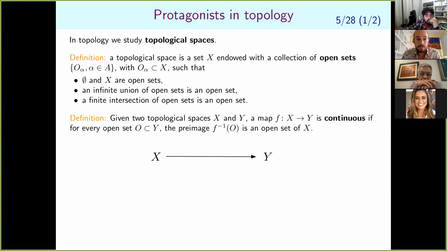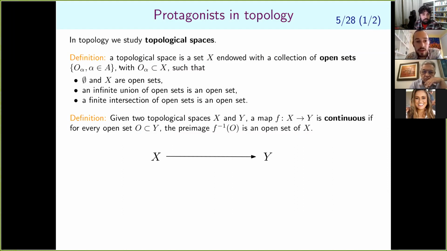So we'll start with topological spaces. This is the very definition of topological space that I will remind, but if you've never seen that before, you can skip this part. A topological space is an abstraction of the notion of shape in math. It is a set, X, endowed with a collection of open sets.